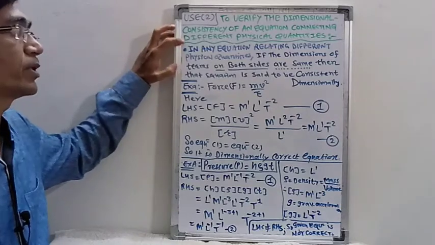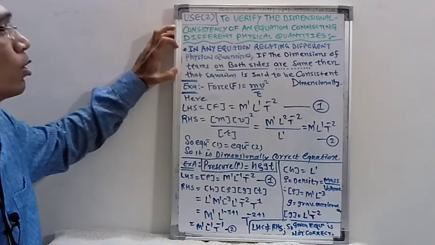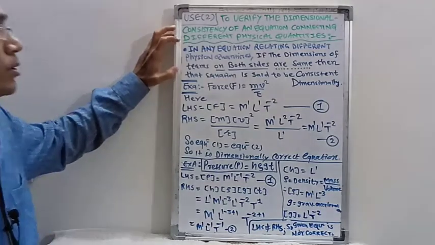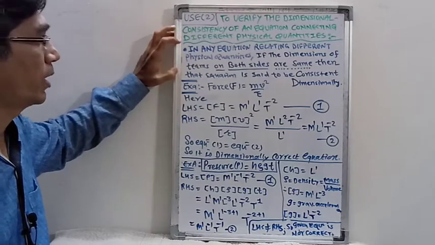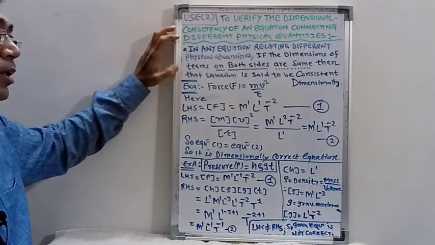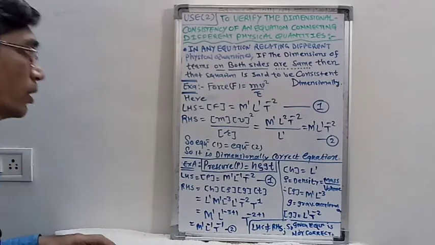In any equation relating different physical quantities, if the dimensions of the terms on both sides are the same, then that equation is said to be consistent dimensionally, or it is correct dimensionally.